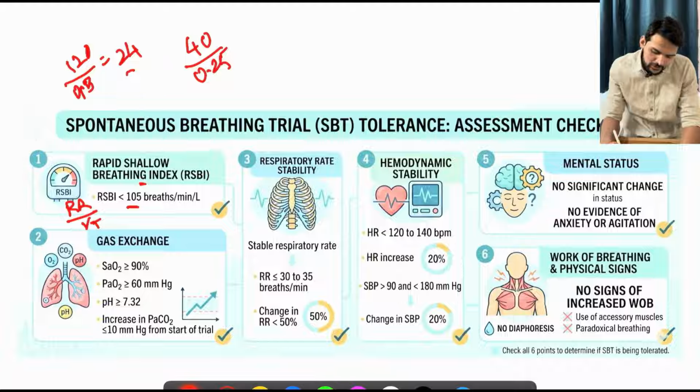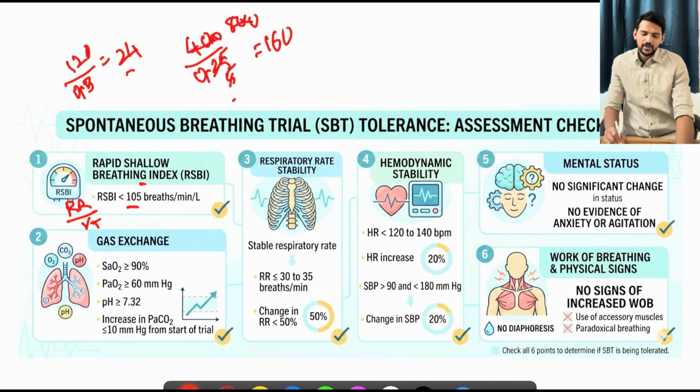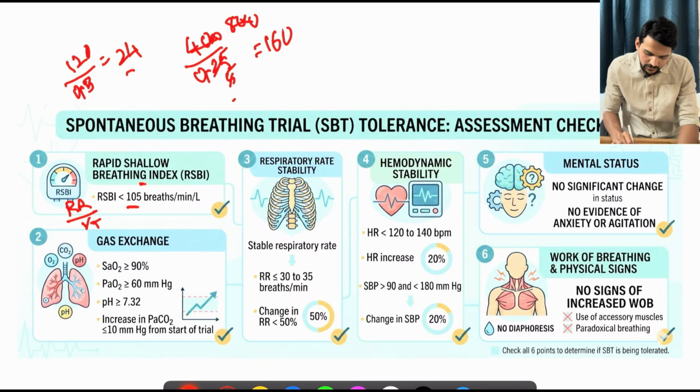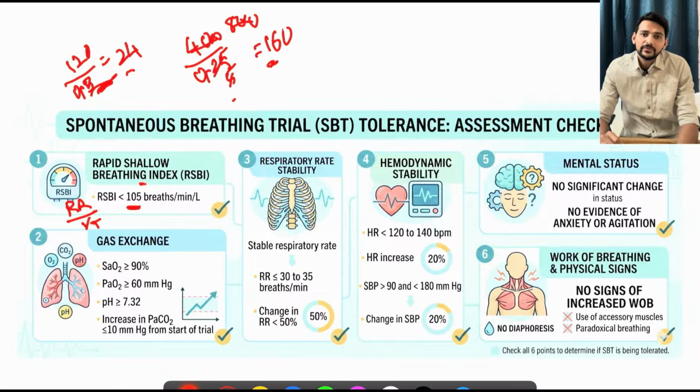So here the ratio will come to 160. The cutoff point is 105. So the first individual we can consider has tolerated the trial nicely, and the second individual is not tolerating the spontaneous breath trial. That individual requires ventilatory support for quite a longer time.